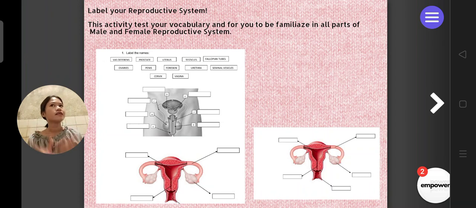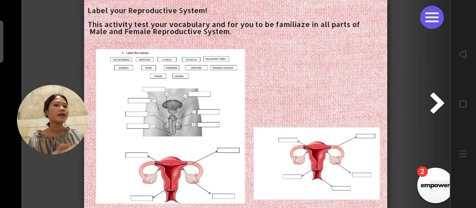So, we have an activity regarding the topic that I mentioned earlier. So, yung activity natin is tinawag ko tong label your reproductive system. This activity tests your vocabulary and helps you become familiarized with all parts of the male and female reproductive system. So, kung mapapansin nyo, may mga parts dyan.